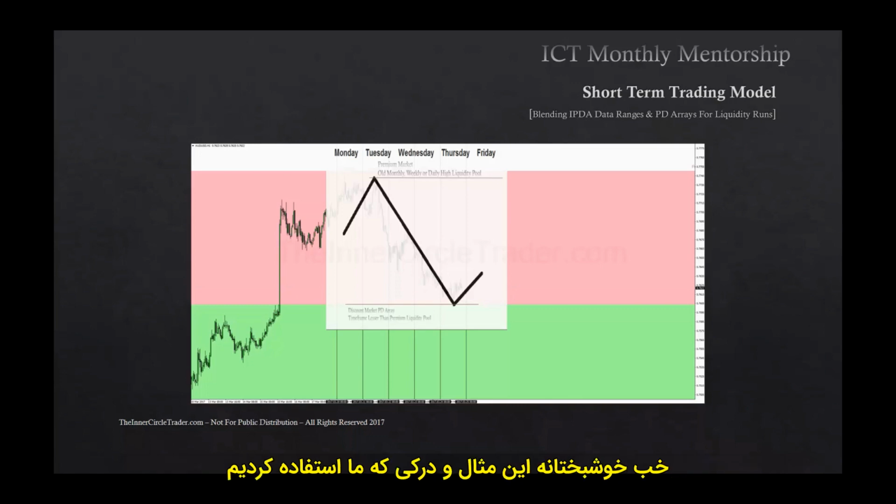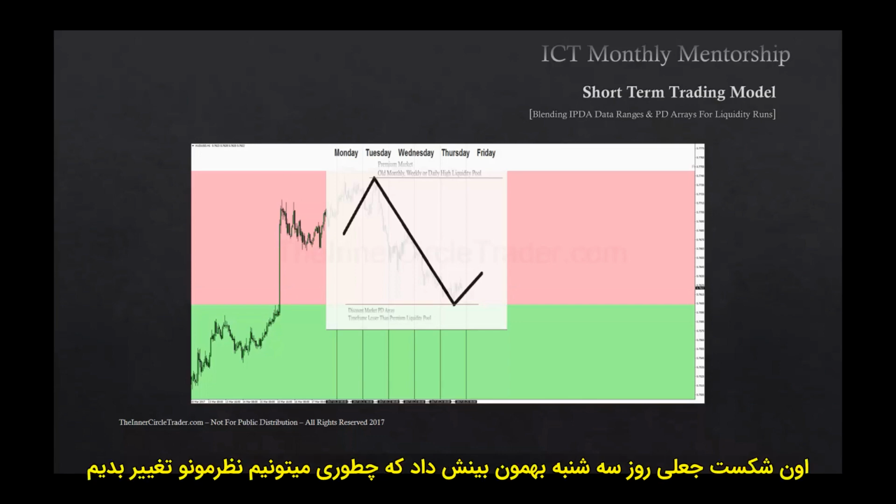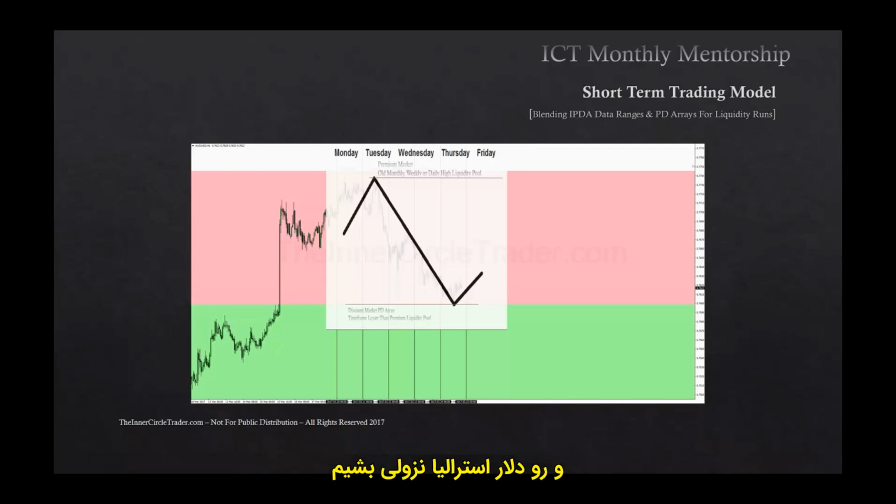So hopefully with this example and understanding, and using an example we used in live analysis this week, while we were initially wrong in our expectation of a higher breakout on Aussie dollar, that failure swing on Tuesday gave us insight on how we can change gears and get short on Aussie dollar, even while it traded in sympathy with the weaker dollar, which isn't typical.